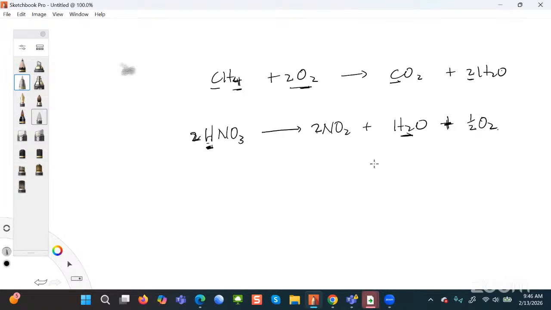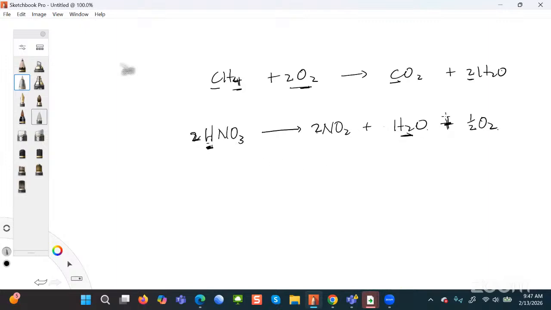Now, normally, the coefficient should be an integer, and we're actually going to change this into an integer, but in this particular case, I'm going to temporarily put a half here so as to achieve the balance of the oxygen, because when you put a half here, half times 2 gives you 1, plus 1, that's 2, plus 4, that's 6, and that balances with the 6 oxygens on the left, right? So basically, at this stage, all the atoms are balanced, the hydrogens, the nitrogens, and the oxygens.